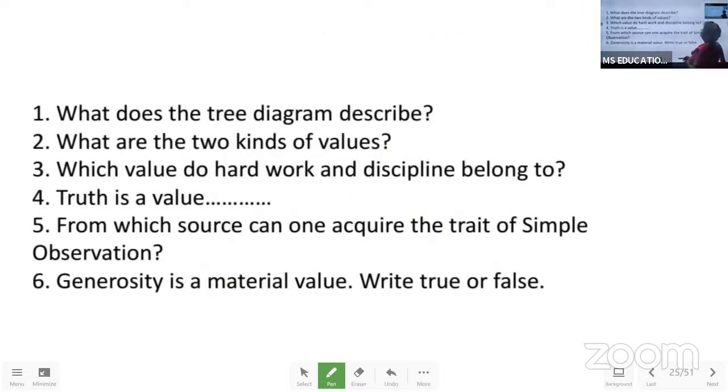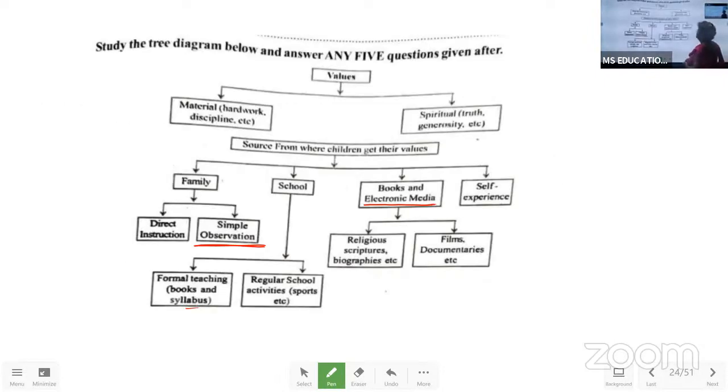Which value do hard work and discipline belong to? The material. It is the material values where hard work and discipline is found.